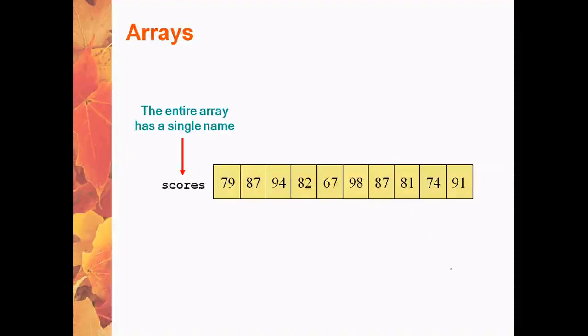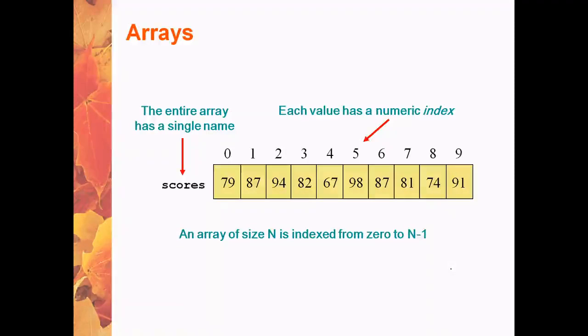Okay, we have a pictorial representation of an array. How an array stores values in the memory has been represented in this particular diagram. So we have an array with the name scores which contains a list of values.